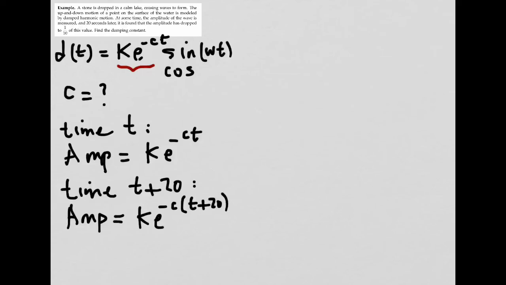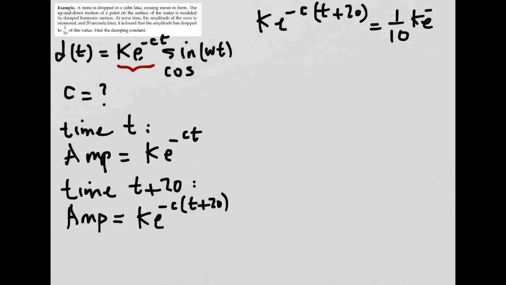What is the relationship they tell us in the problem? Well, they say that the amplitude at time t plus 20 equals 1/10 the amplitude at time t.